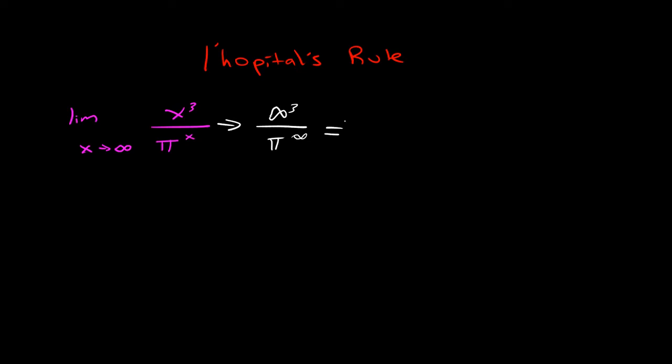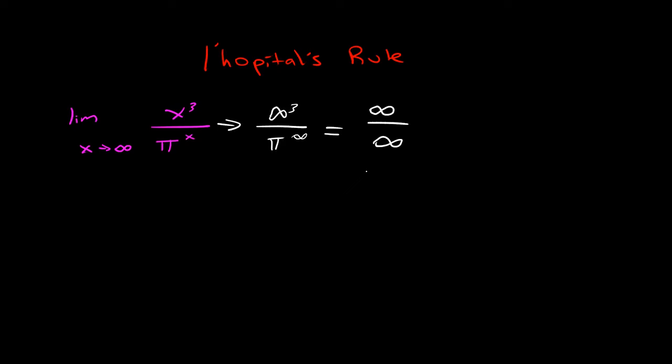This just simplifies to infinity over infinity. What's infinity over infinity? Is it 0? Is it 1? Is it infinity? This is what we call an indeterminate. 0 over 0 is also another indeterminate.